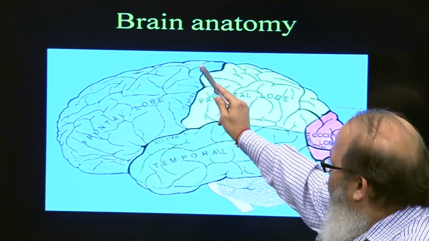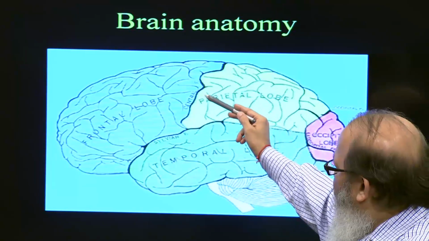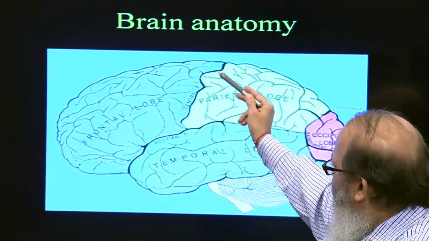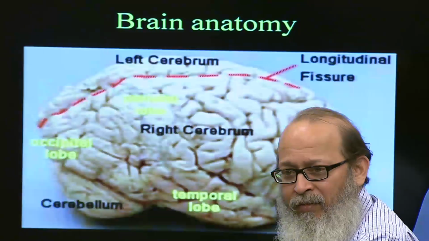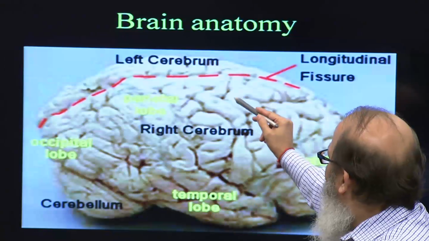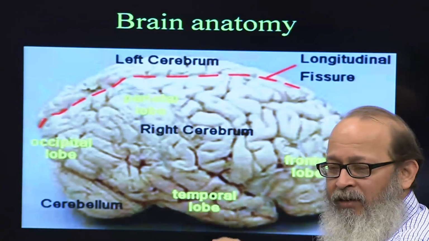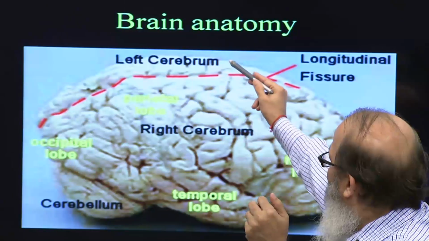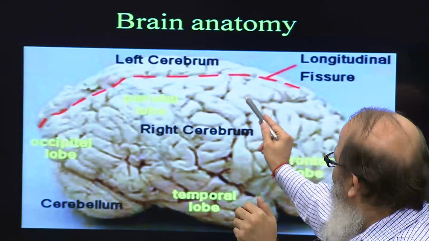Frontal lobe has a motor area. It is divided by this what you call a sulcus. So, if you look at the picture of the brain, it is a huge structure which is folded. Each fold on the top is called gyri, and these divisions are called sulcus.